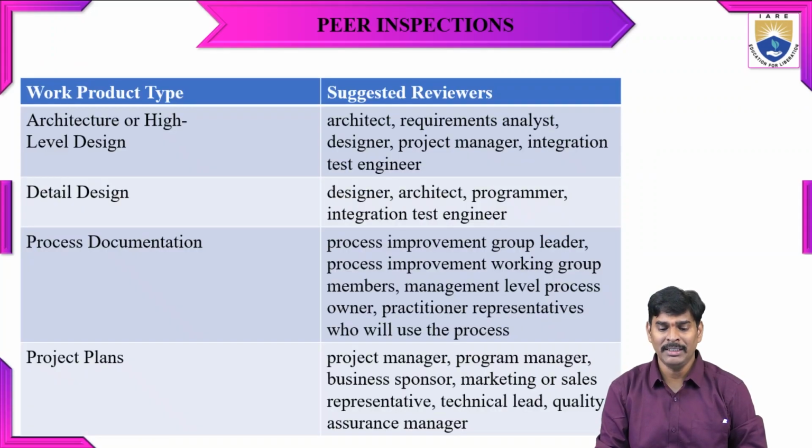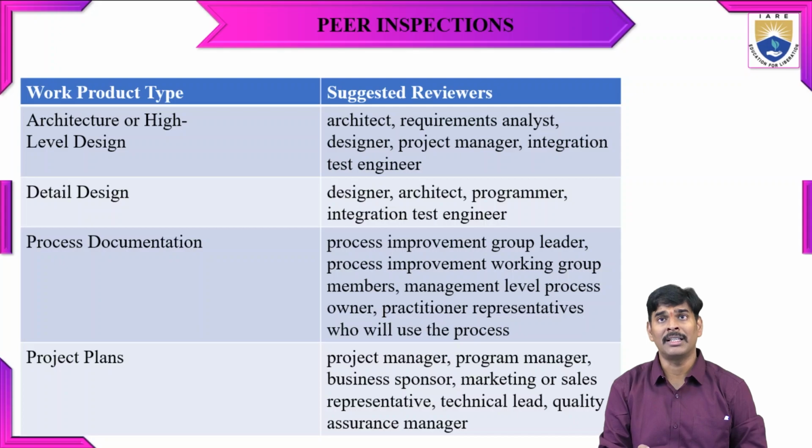Now we'll see how inspections will be done in the different categories, what the work product type will be, and where the suggested reviews will be there, because reviewers should be specialists, not general.